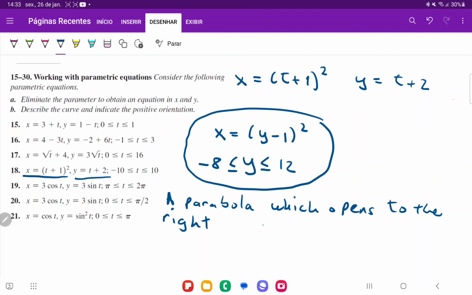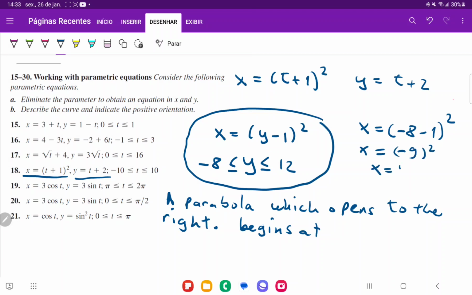And now we want to say the positive orientation. The positive orientation means that we're describing the point where it starts and the point where it ends. So it begins at: we can see that y, our input, is going to begin at minus 8. If y is minus 8, let's see what x is going to be. x is equal to minus 8 minus 1, squared, so x is minus 9 squared.